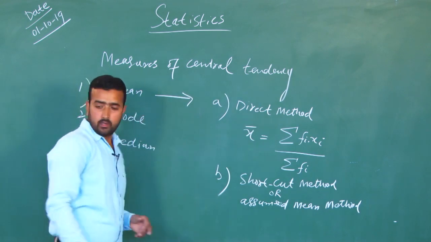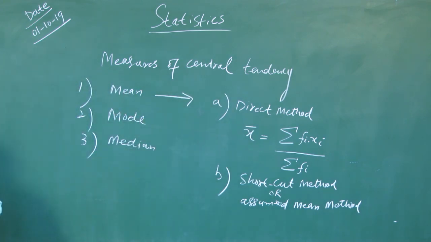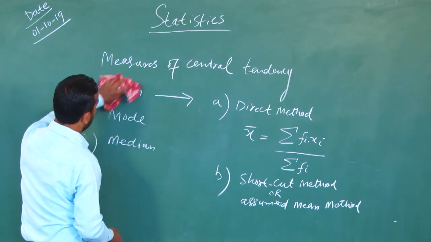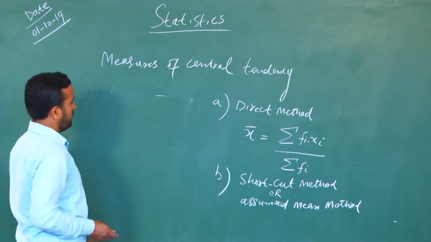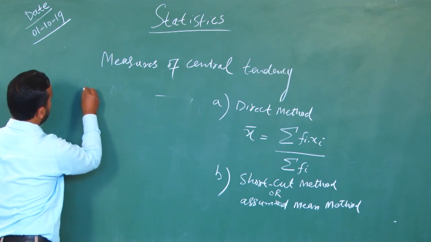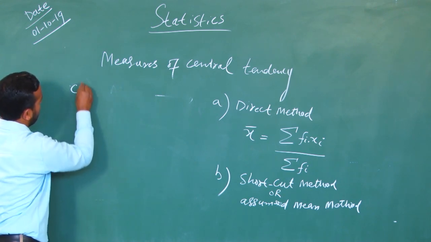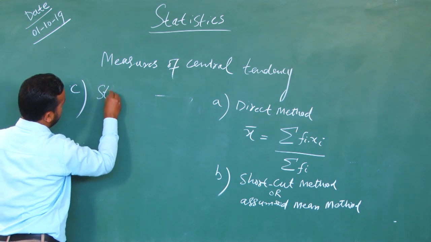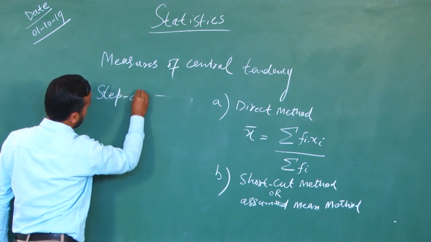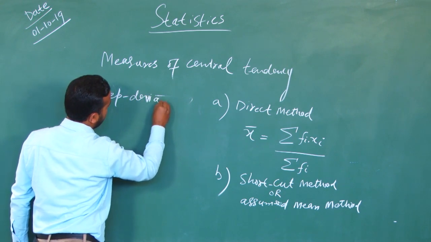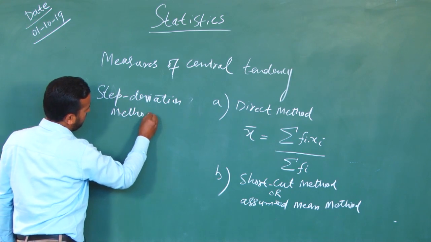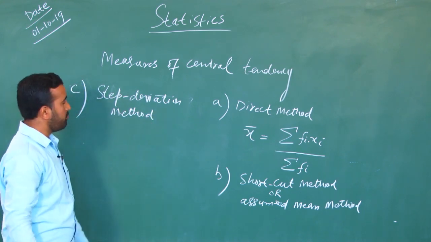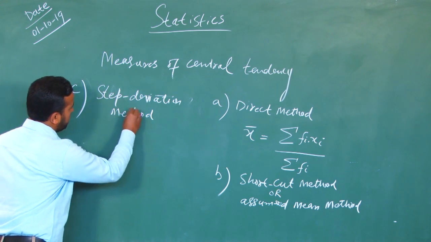And the third one, which we will discuss, is the step deviation method. All three methods we are going to discuss step by step, and we will learn how we can calculate the mean of the given data by these three methods.